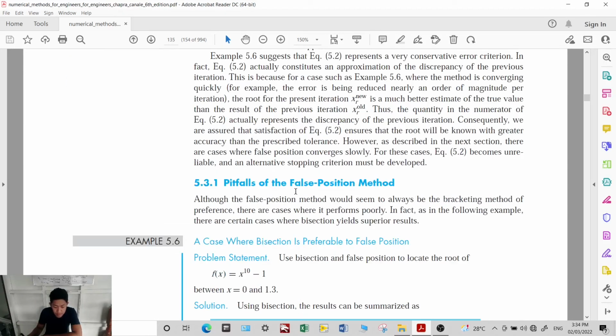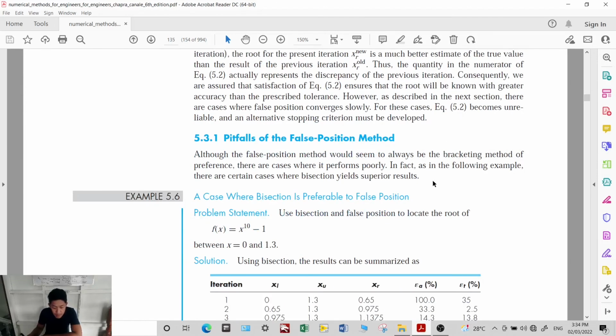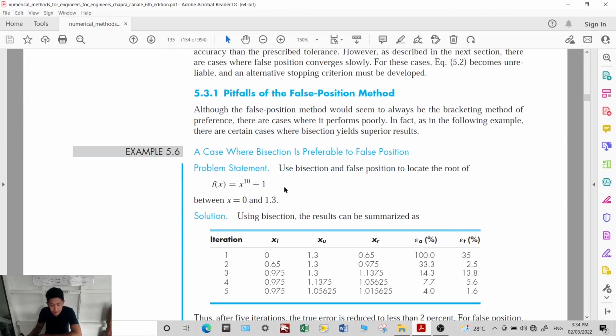However, it's not always this behavior. Say for example, this problem. You have f of x equal to x raised to 10 minus 1 between 0 and 1.3. So this is your XL and XU.